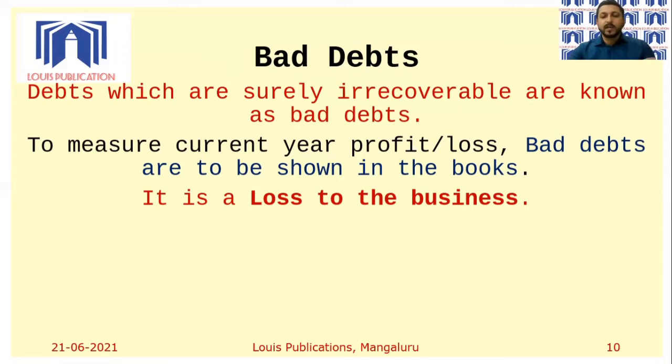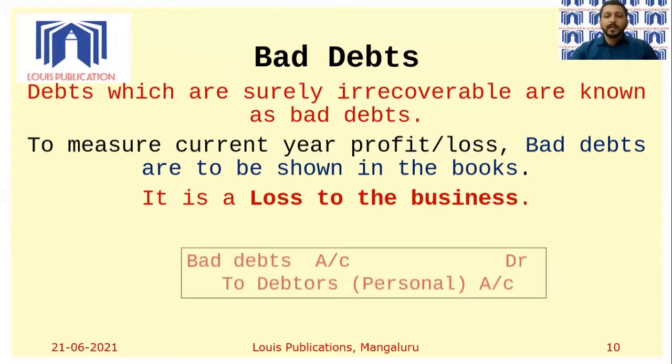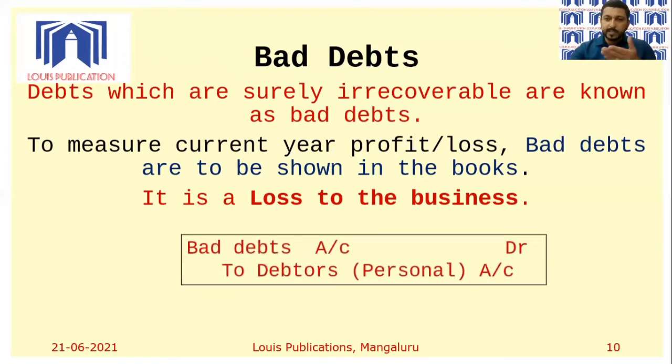So the adjusting entry for bad debt: bad debt is a loss, so debit all expenses and losses. The entry will be bad debts account debited to debtor's personal account. In this example, it would be Bharat's account, because we know that Bharat's debt has become bad. So debtor's personal account, and debtor is an asset. When their debt becomes bad, asset value will decrease.